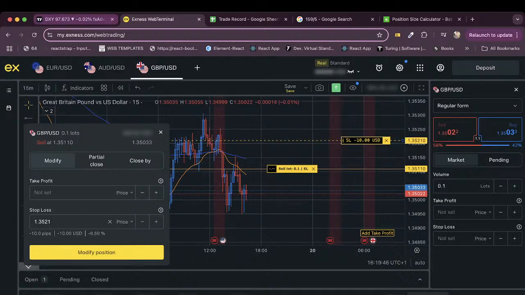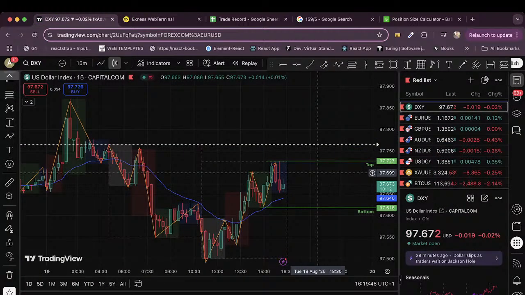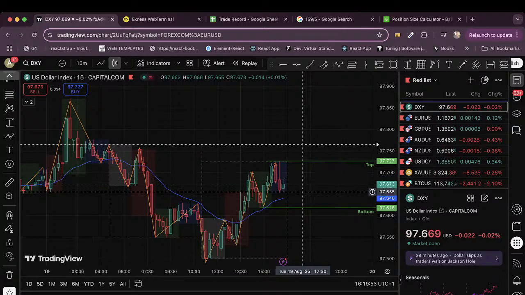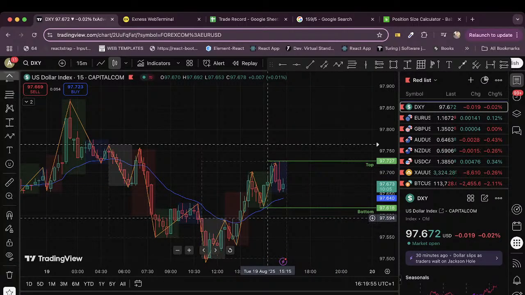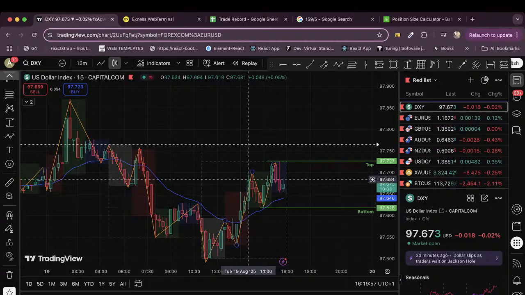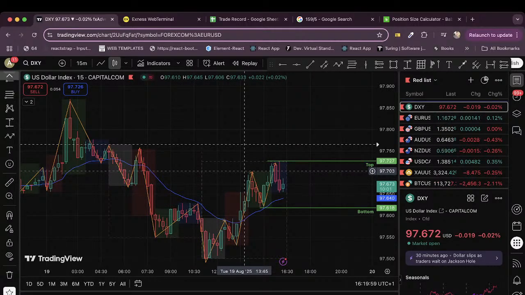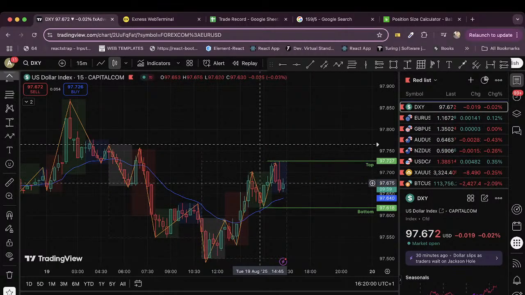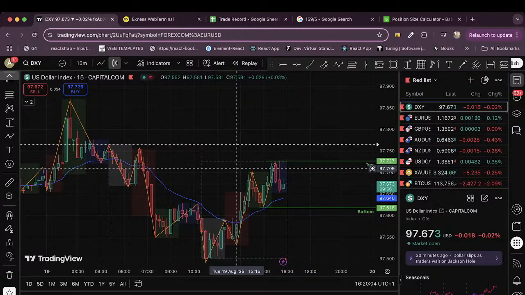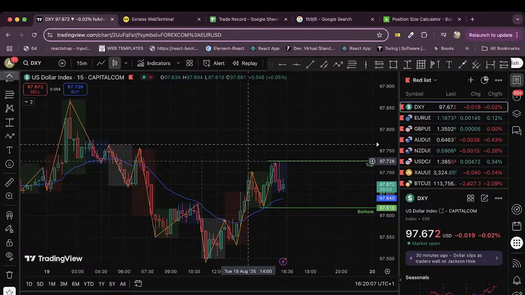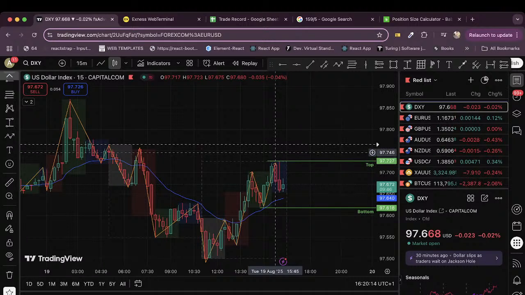We are still paying close attention to what DXY is doing, and so far we are in the second leg of a small bullish trend that has been going on here. But on the second leg, we are experiencing some blocker that has been providing resistance for us to continue pressing this market going up.